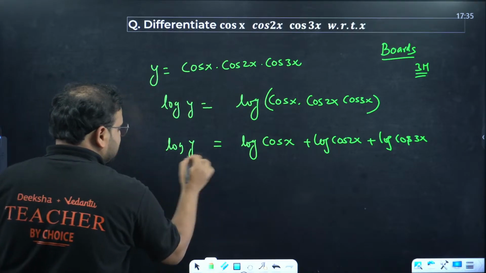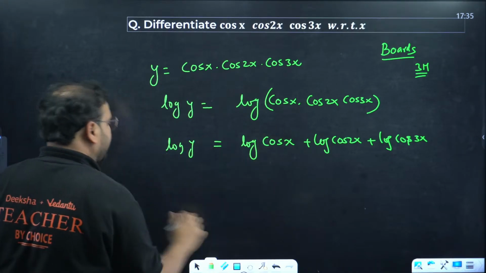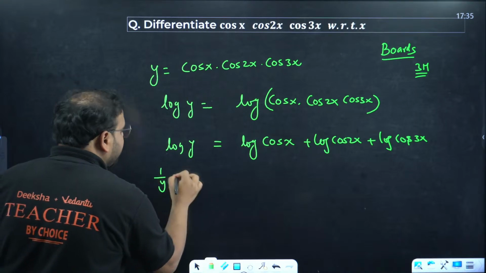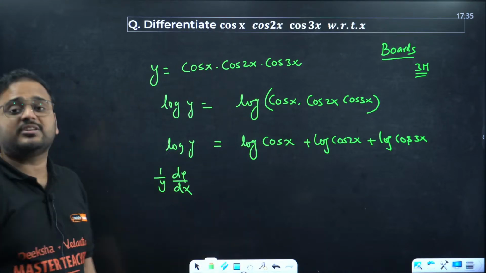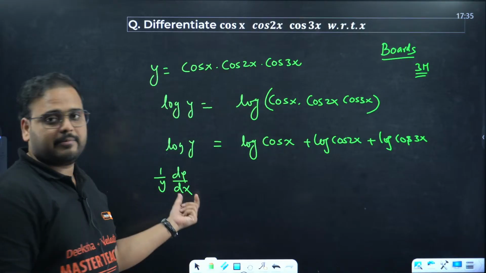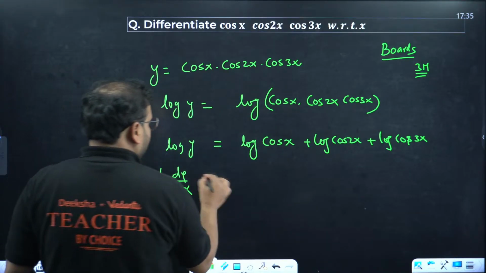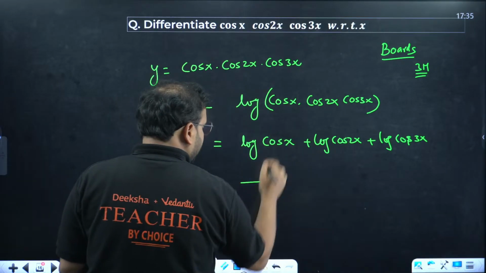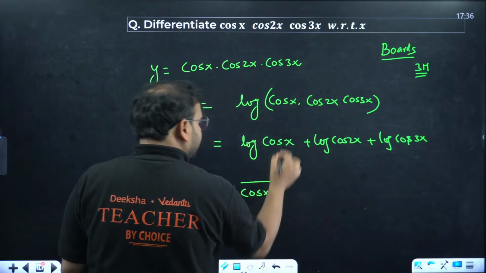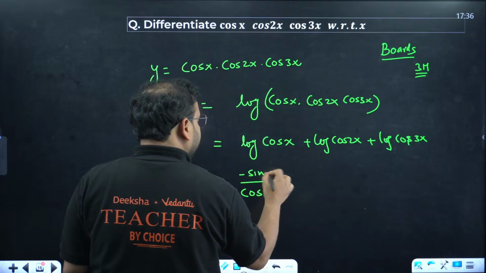Differentiate the entire equation now. You'll have 1 by y dy by dx. I just said, whenever you have a function in y, multiply with dy by dx, always. Differentiating this, you'll get 1 by cos x, and the derivative of cos is minus sine.